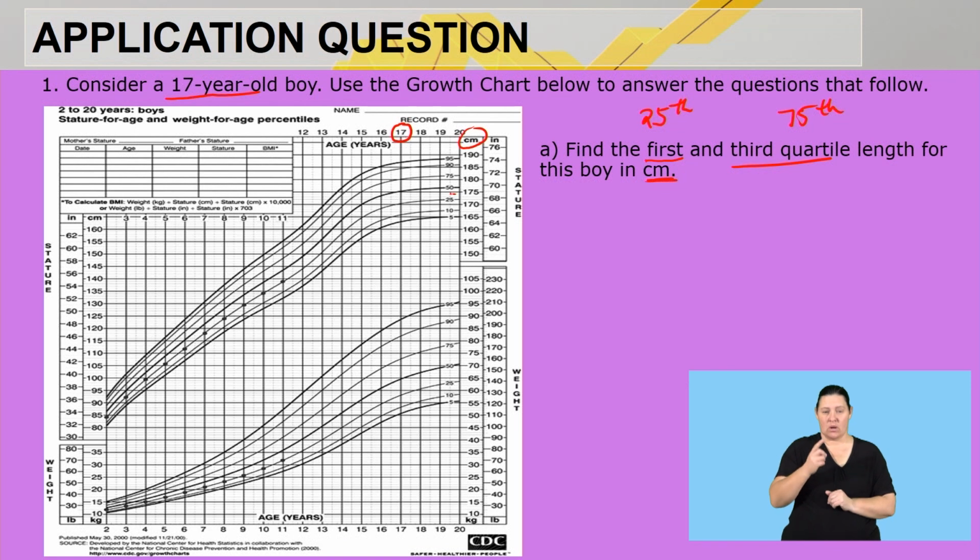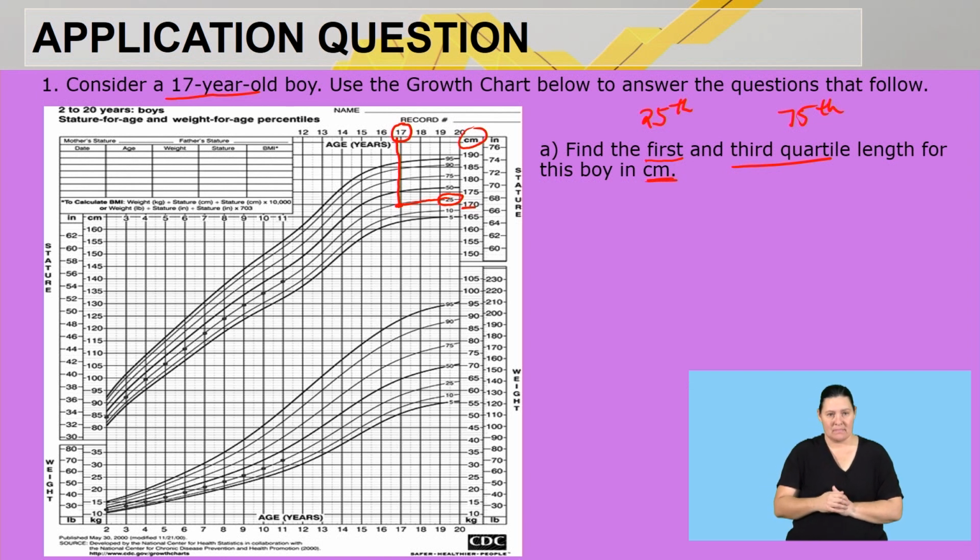Here is my 25th percentile. And I want you to work with me, please. Now I will move with the curved line until the point where I intersect with the age of this boy. There is 17 years. Right, I'll be clear. Can we see they meet here? That's where they intersect. Now I'll go to my right-hand side, and I see, okay, the length of this boy is 170 centimeters.